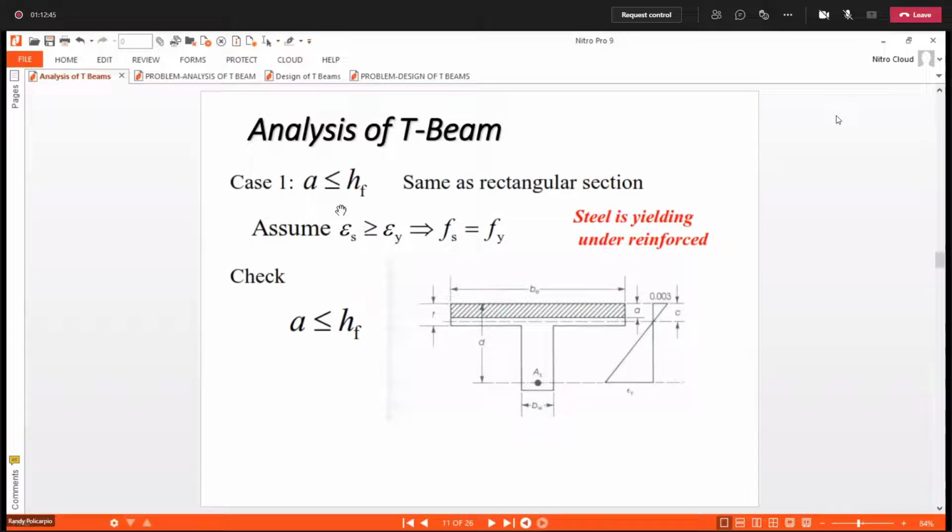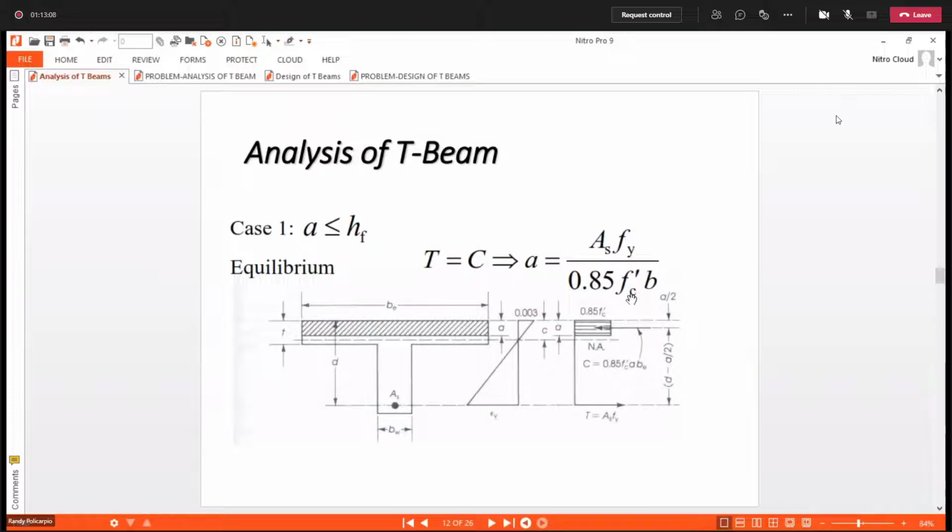In the analysis, for the tensile reinforcement we will assume the stress is equal to fy, or we assume the tension steel still yields, and then we check if really a is equal to or less than hf.